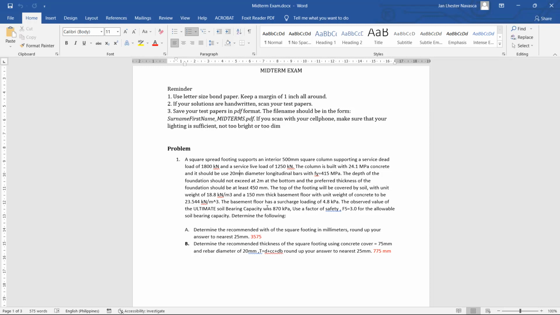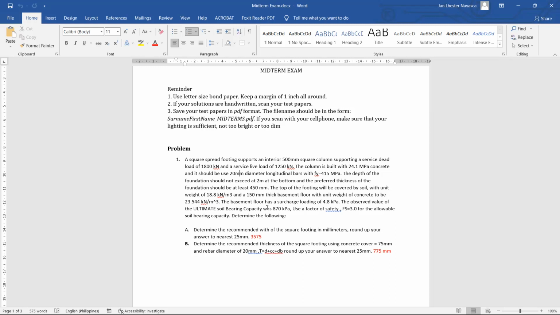Okay, the top of the footing will be covered by soil. The unit weight of the soil is 18.8, and the top of the footing will have a 150 mm thick basement floor with unit weight of concrete of 23.544 kilonewton per cubic meter. The basement floor has a surcharge loading of 4.8, and the observed value of the ultimate soil bearing capacity was 870 kPa.